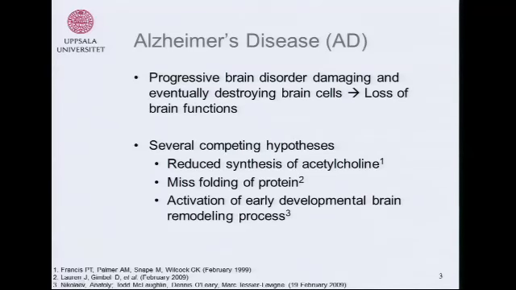Another one tries to establish a link between Creutzfeldt-Jakob disease and Alzheimer by claiming that a misfolding of a protein leads to Alzheimer. And the third hypothesis is that a process which is important during embryonal development is falsely activated again and leads to this remodeling of the brain.